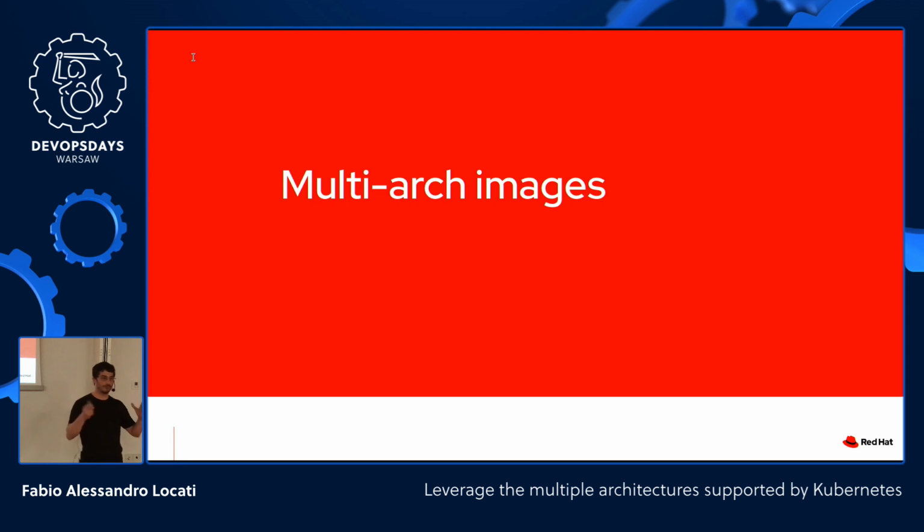Now, if you have a mixed environment, and this can be mixed within your cluster, or a mix of different clusters that are based on different architectures, you start to have an issue with how container images are made, because container images are architecture specific. So effectively, you will need to create images that are multi-architecture.